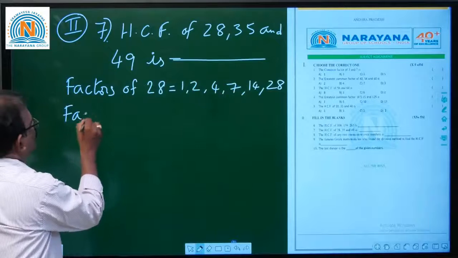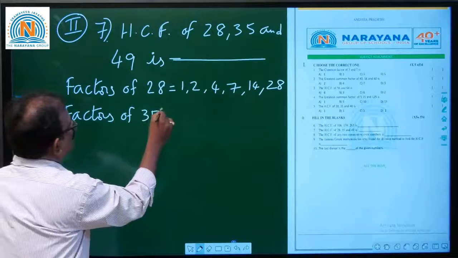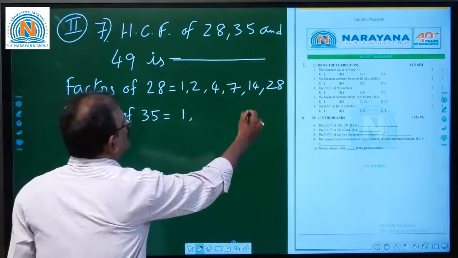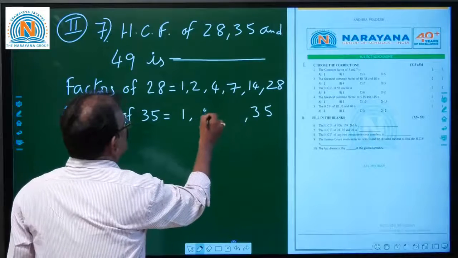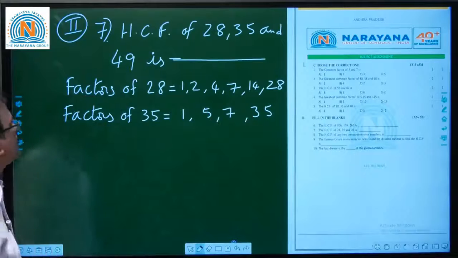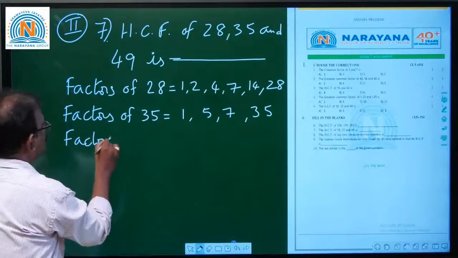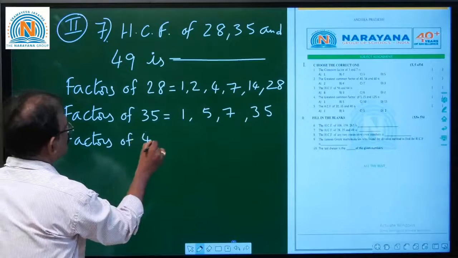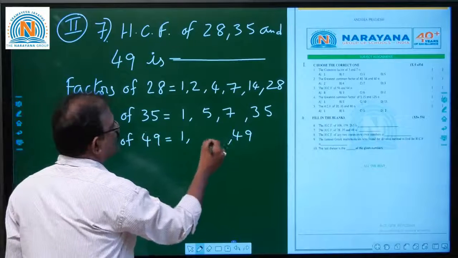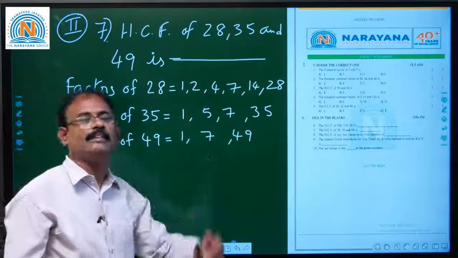And what are the factors of 35? 1 35 is 35, 5 7s are 35. And what are the factors of 49? So this is 1 49s are 49, 7 7s are 49. As 7 is repeated, writing one time is enough.